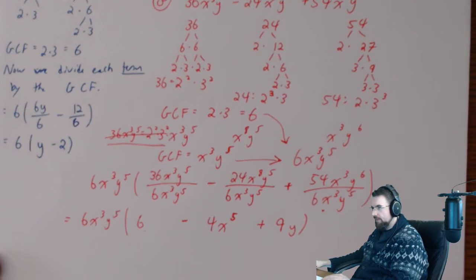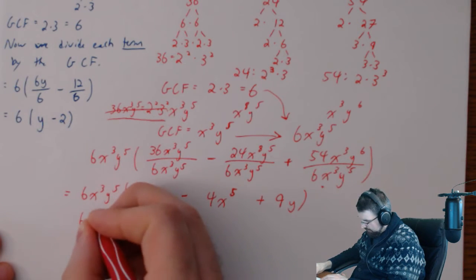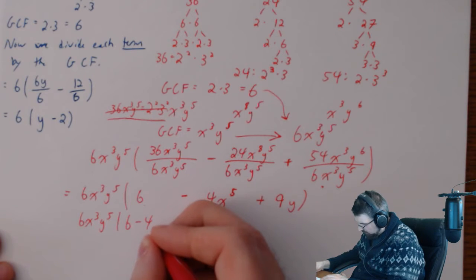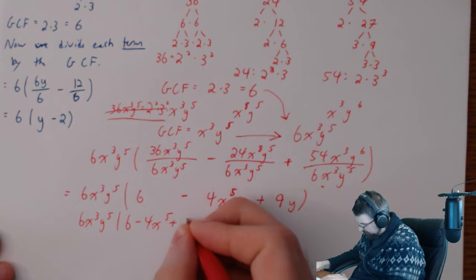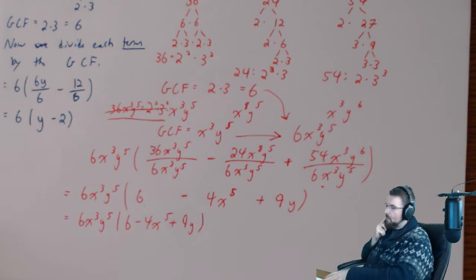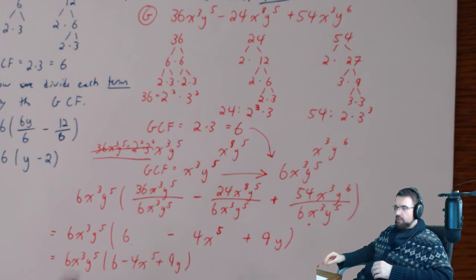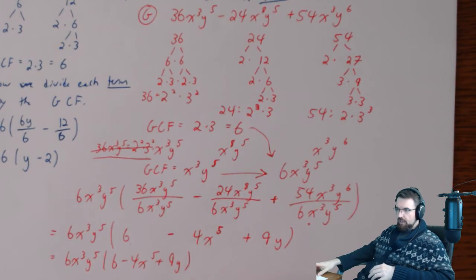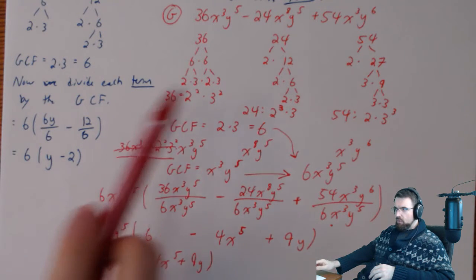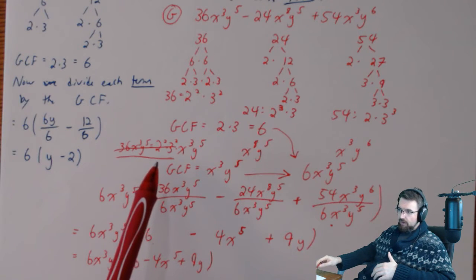So now to write it again without all that awkward looking space left between it, that's going to be 6x cubed y to the 5 outside of (6 minus 4x to the 5 plus 9y). Now that's quite a... Again, it might look a little intimidating at first because there are so many different numbers and variables being thrown around in here, but at no step did we use anything other than the math that you've been looking at so far.